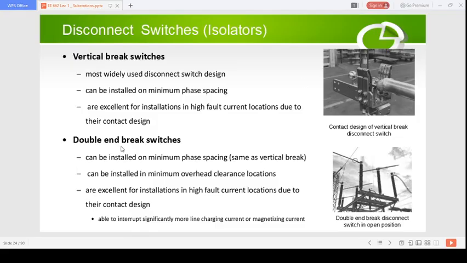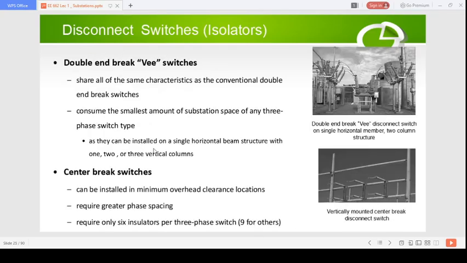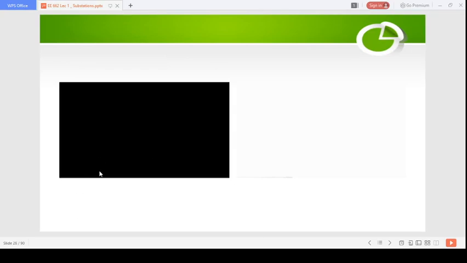Okay, and then the other one is the double end brake switch. I think this one, let me see again.